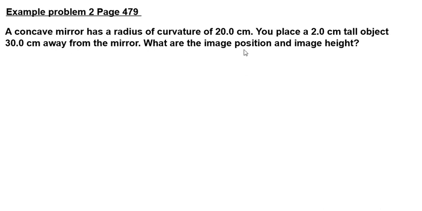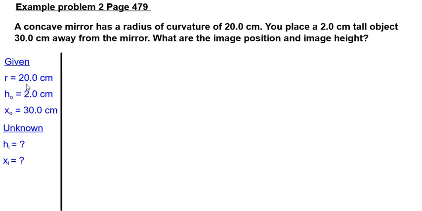We are looking for the image position and the image height. So the givens are R equals 20 centimeters, HO equals 2 centimeters, XO equals 30 centimeters, and the unknowns are HI and XI.